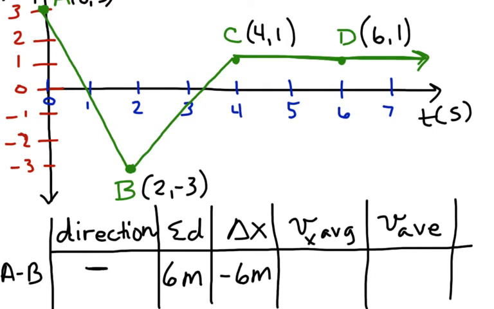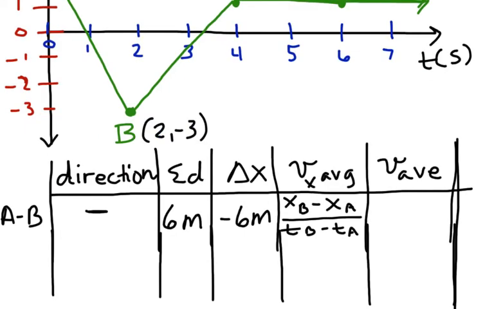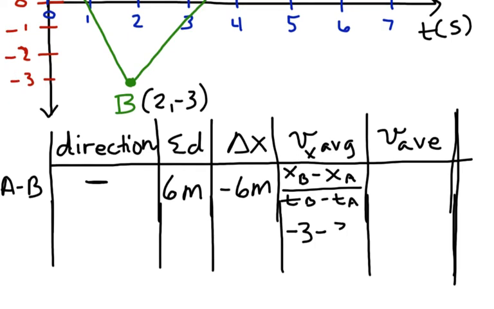This next column here is the average velocity, which looks at your change in position over your change in time. Using the formula here, we're going to have a -3 minus a +3 over a time of 2 seconds minus a time of 0.